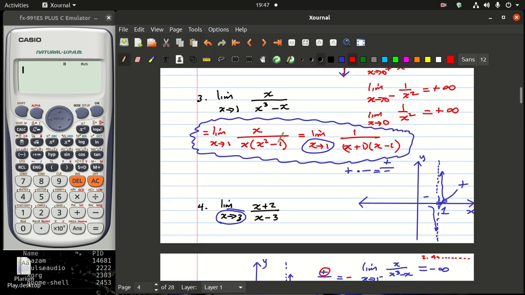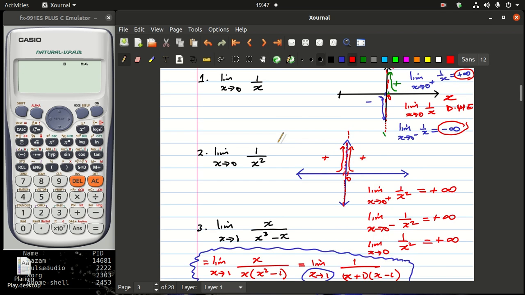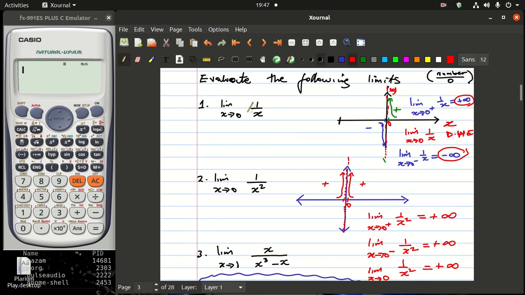That's all. Just a quick recap. First you plug in. Once you plug in, if you are getting a number over 0, you draw a Cartesian plane, and then at x equal to that value, that's when you draw an asymptote. Then you pick a value on the right, you plug it in and see if you are getting a positive or a negative. If you are getting a positive, the function as you get closer is going to positive infinity, and then you pick a value on the left.